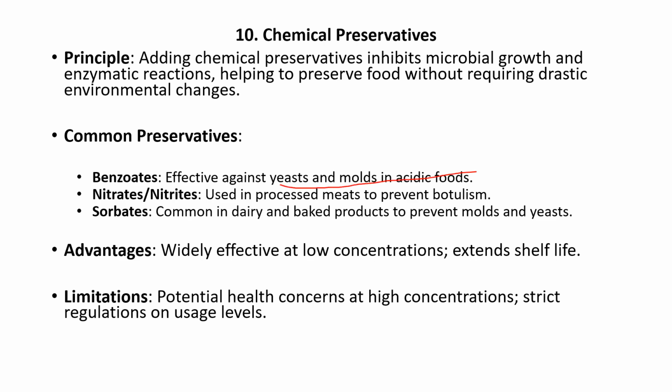Nitrates or nitrites are used in processed meats to prevent botulism. Sorbates are commonly used in dairy or baked fruit products to prevent mold and yeast. Advantage: widely effective at low concentration, extends shelf life. Now, limitation: potential health concerns at high concentrations, and strict regulations on usage levels.